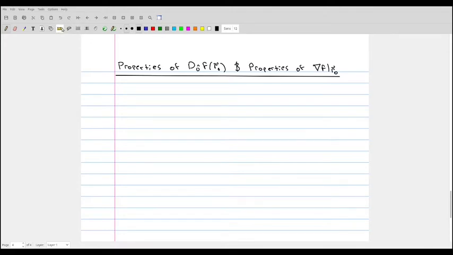Specifically, what we'll do is start this out by asking what the formula D_u of f at r naught in the direction u hat is equal to the gradient of f at r naught dotted with u hat, what does this formula tell us about the gradient vector?